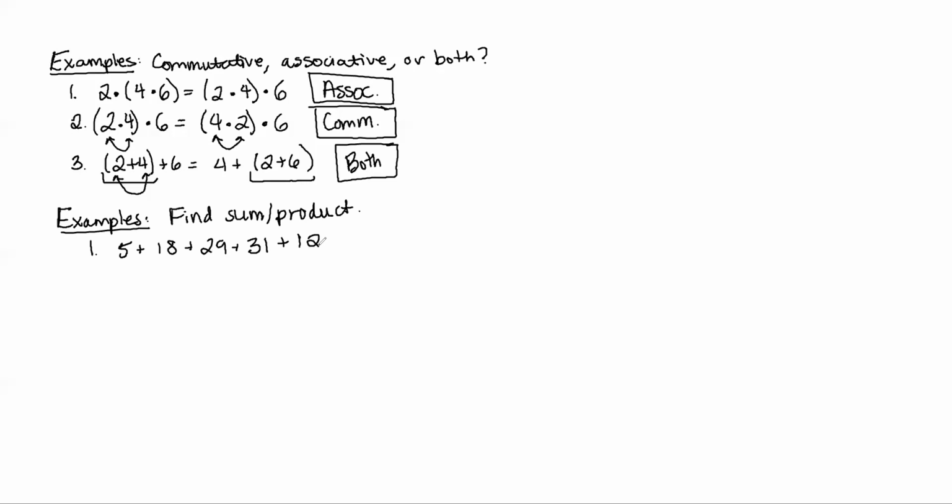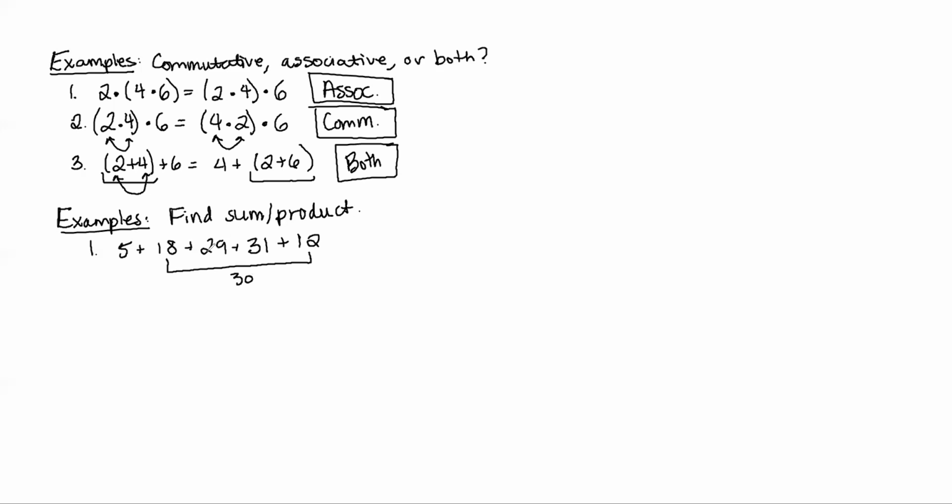So if we look here, there's no other number that ends in a 5, so this one's not going to be helpful right now. But this 18, if we add a 2 or any number that ends in a 2 to this, we'll get a multiple of 10. So 18 plus 12, we get 10 and 10 plus 10 more from the 8 and the 2, so we get 30.